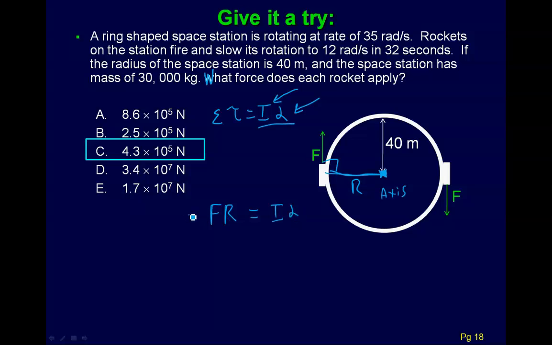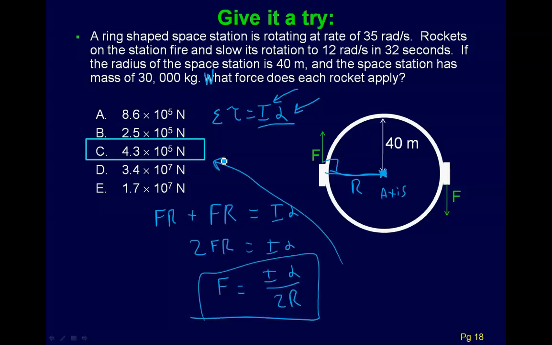Now the thing is there's going to be two of them because there's two rockets. And so altogether it'll be 2Fr equals I alpha. And when I solve for the force, I get I alpha divided by 2 times r. And when you do that, hopefully you can come up with 4.3 times 10 to the 5th. We'll do much more examples of this kind of stuff in class.